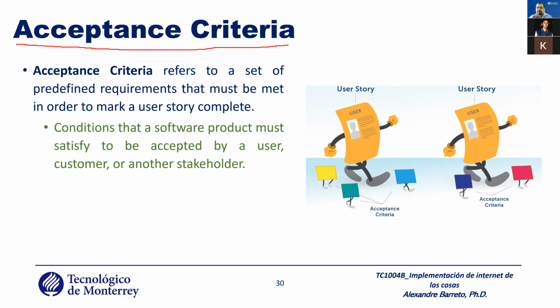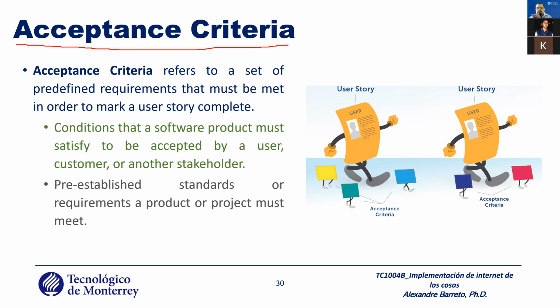The conditions that software products must satisfy to be accepted by the user. You remember, it's a talk with the customer. You define in the beginning how you validate the talk. The pre-established standards or requirements a product or project must meet.